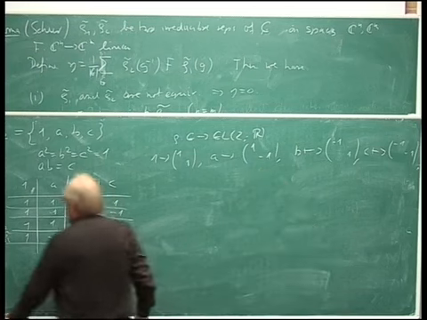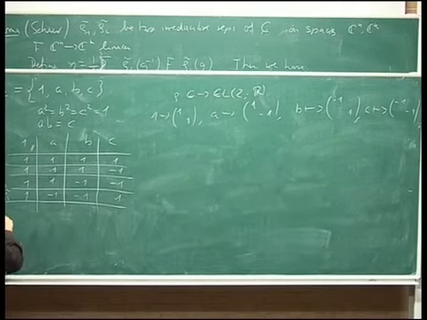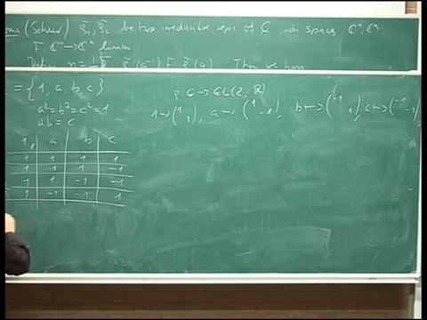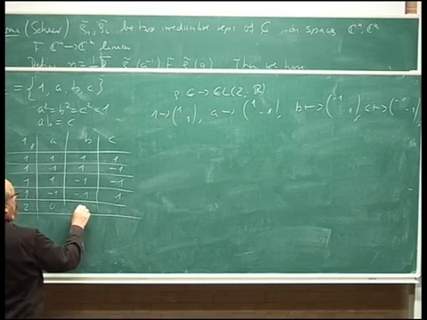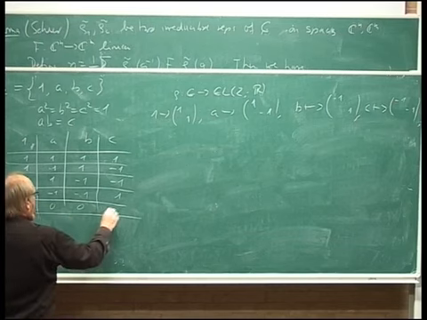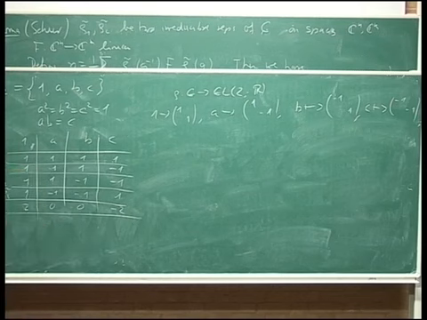So if I write here the character of rho, my new representation, I get a 2 here, I get a 0 here, I get a 0 here, and I get a -2 here.